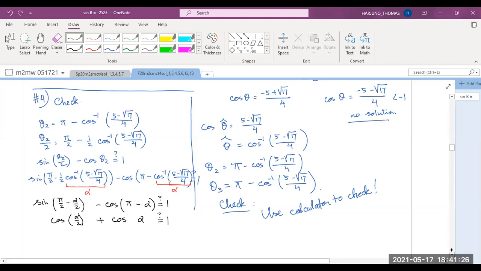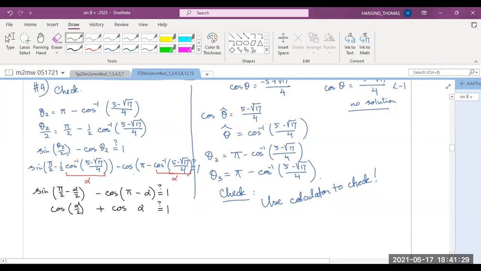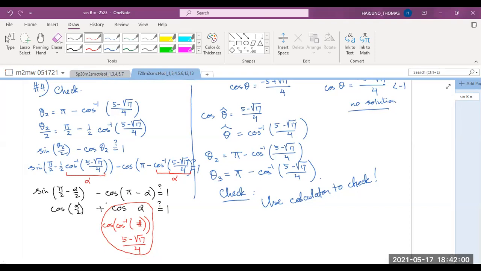Now, if you look back, this alpha is cosine inverse of something. So what happened here is this is cosine of cosine inverse of that ugly number, right? The cosine will cancel. So we will end up with (5 minus radical 17) over 4 for this part here. While for this part, alpha over 2, alpha is in quadrant 1, right?